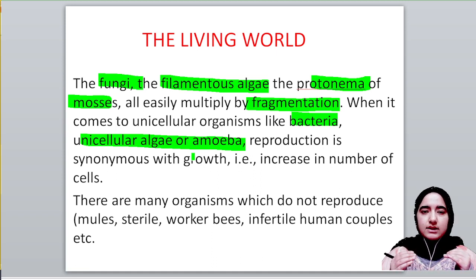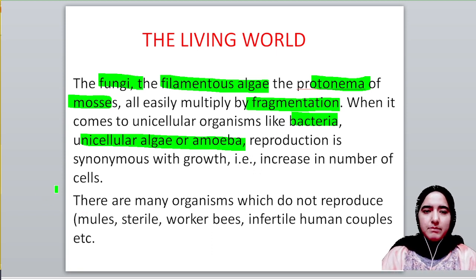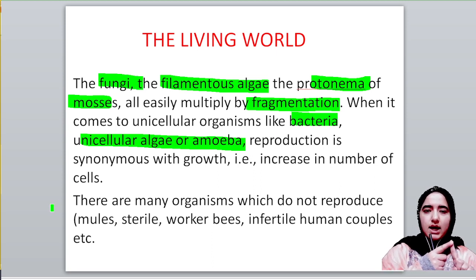That's why we can say that reproduction and growth are synonymous in unicellular organisms. But till here we saw that all organisms are able to reproduce, be they unicellular organisms, multicellular organisms, or the simplest plants.